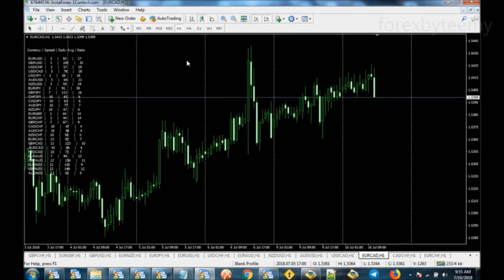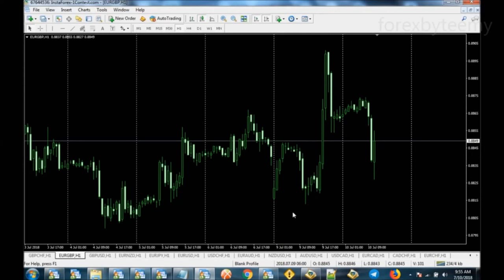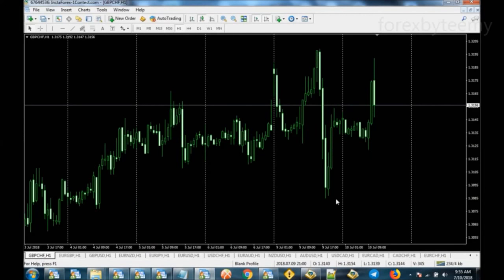You can then trade the ones that are close to it, or all the ones that are around. Let me show you something like Euro GBP, which is going up, and GBP CHF is coming down, which is the negative correlation. So if you want to trade the binary options contest, there are 11 of them in all.